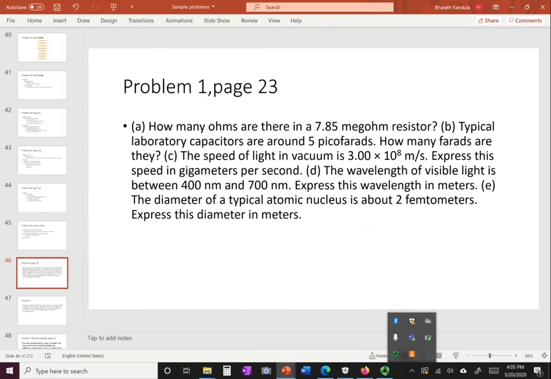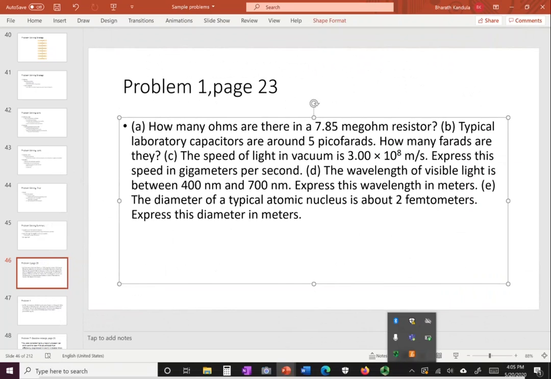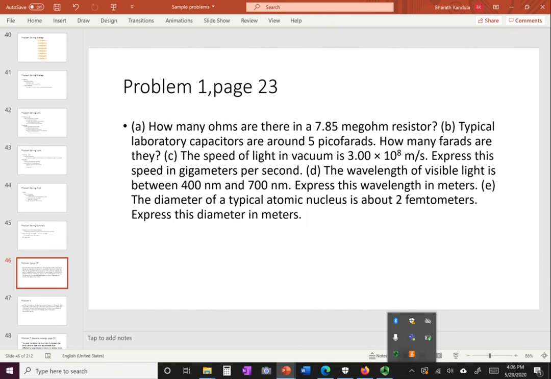This is problem number 1 in chapter 1. The problem says how many ohms are there in a 7.85 mega ohm resistor. 1 mega is equal to 10 to the power 6. Mega or million means 10 to the power positive 6. So 7.85 mega ohms, right?